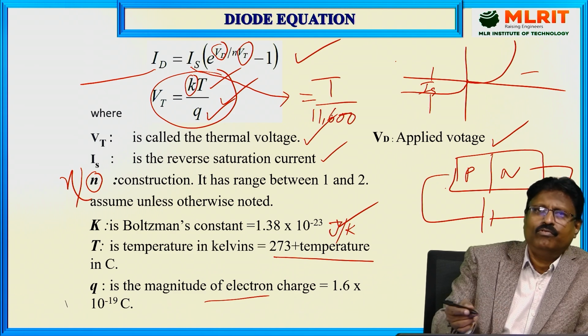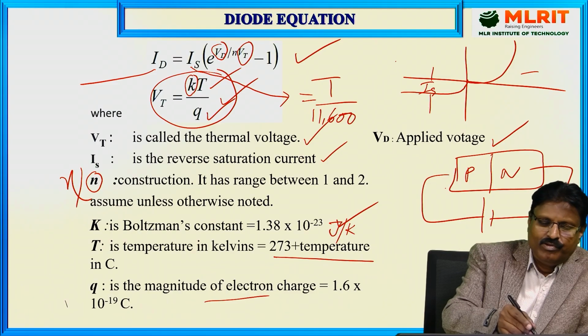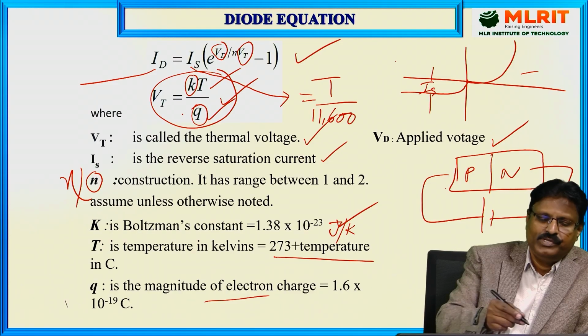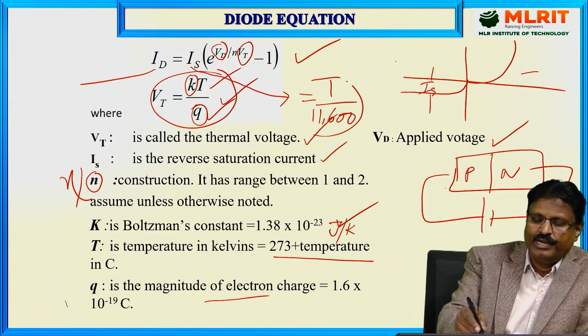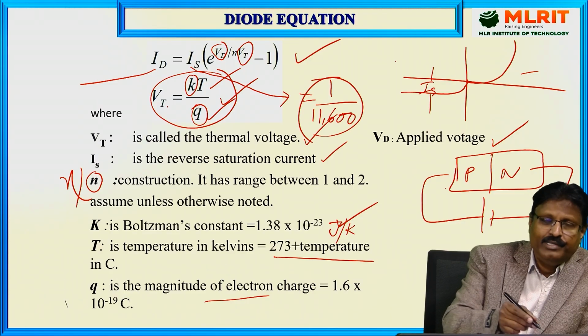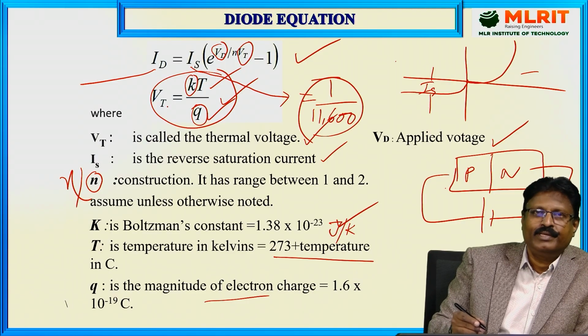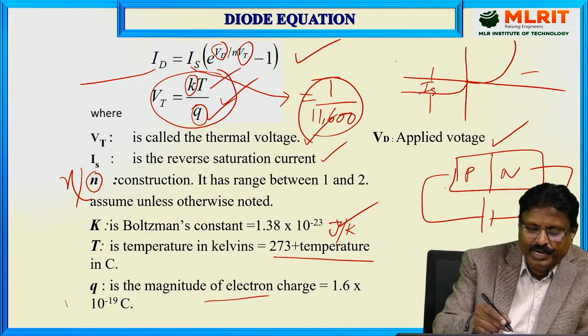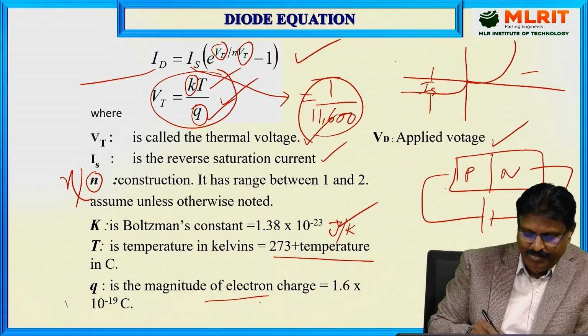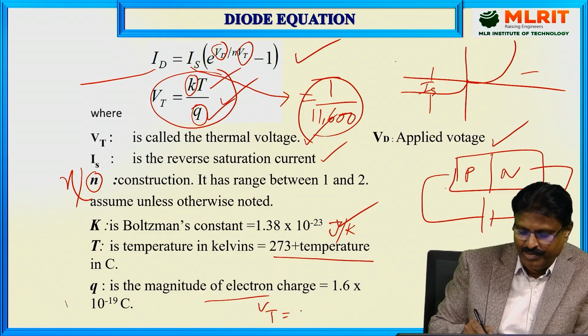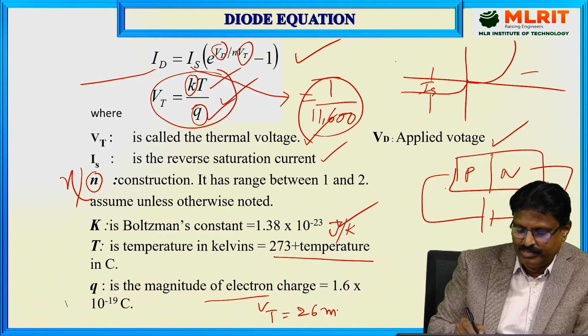K is a constant value and q is also a constant value. If you substitute these two values, you will get this value. And if we calculate Vt at room temperature, Vt will be approximately equal to 26 millivolts.